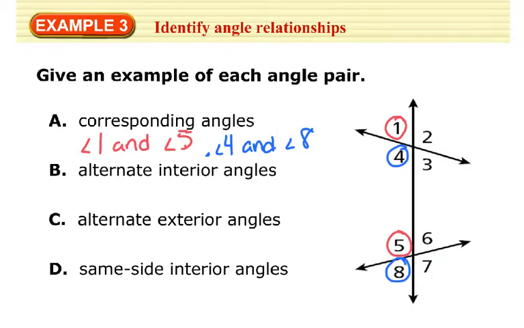Alright, now let's look at alternate interior angles. Remember, this right here in between our two lines, that's the interior. So those are the types of angles that we're going to be looking at. It narrows it down to 4, 3, 5, and 6. But they're on opposite sides of that transversal, such as 4 and 6.